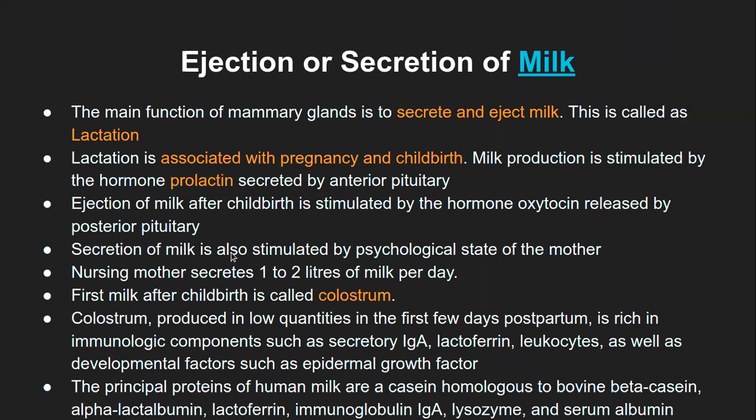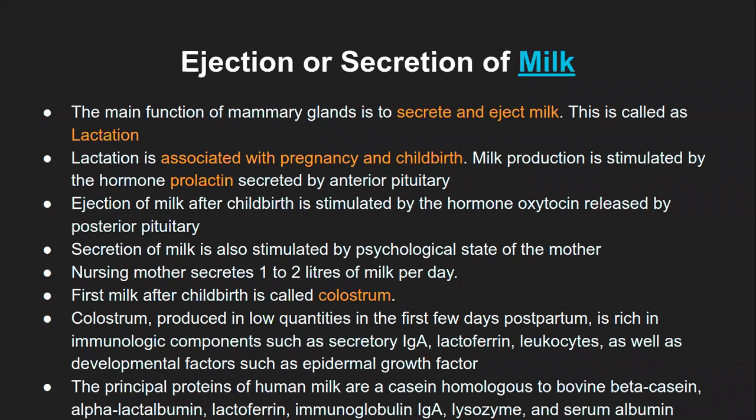Secretion of the milk is also stimulated by the psychological state of the mother. In different languages we have common colloquial terms for this, but by looking at the baby or by thinking of the baby, even during the pregnancy phase, the mother would start ejecting milk through the breast structure, and this can happen after childbirth as well.